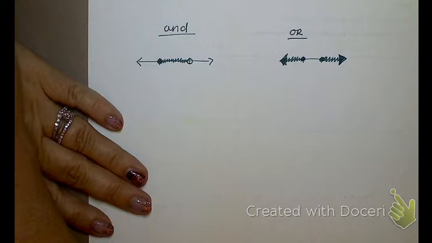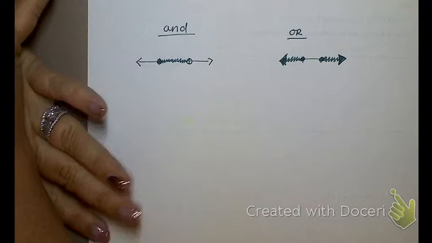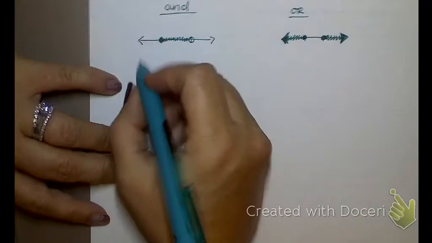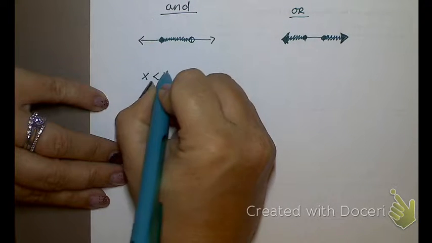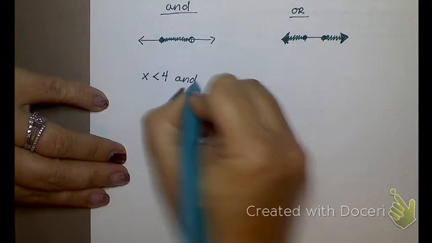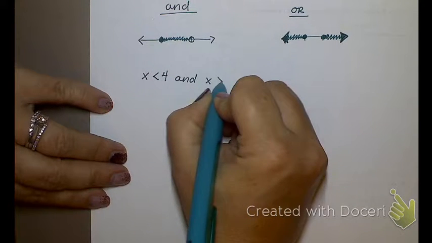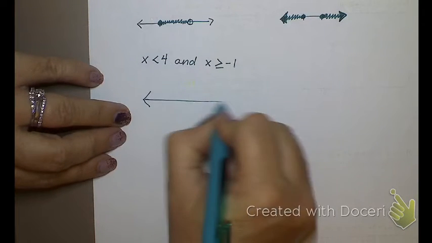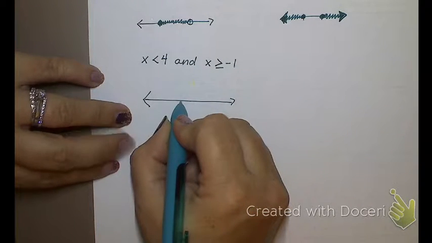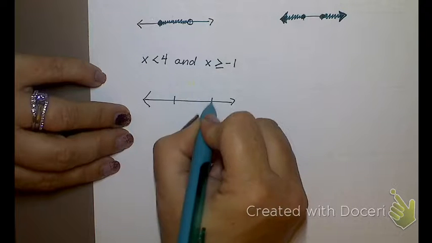The reason why this works is if I had x is less than 4 and x is greater than or equal to -1. If I were to graph this, what are the two important points? 4 and -1.